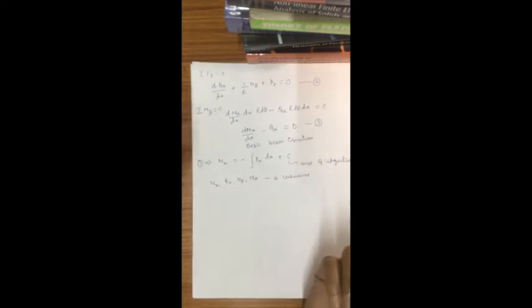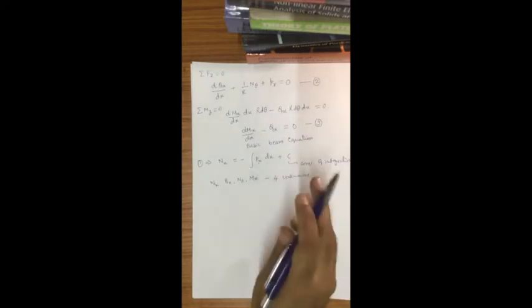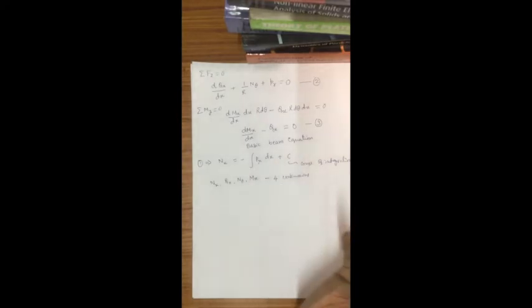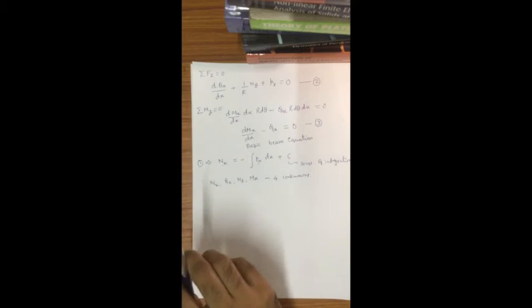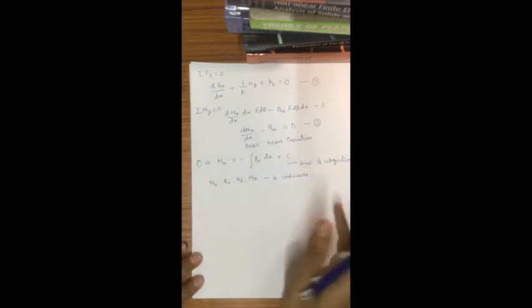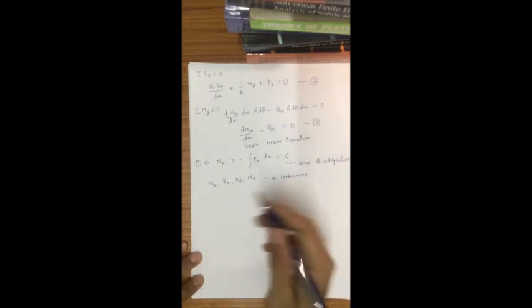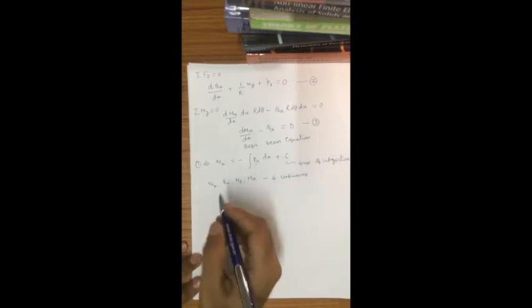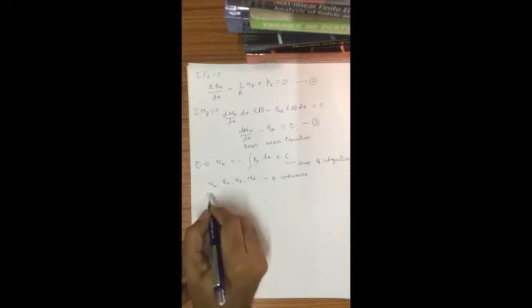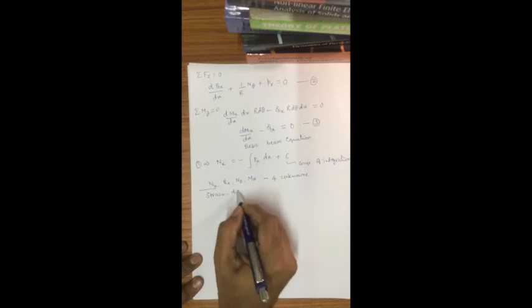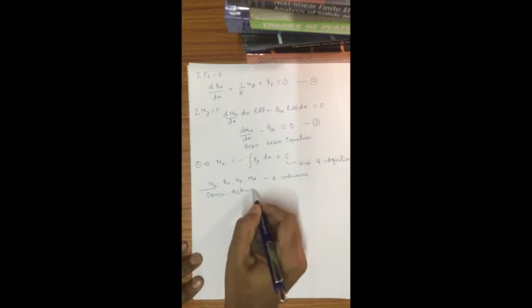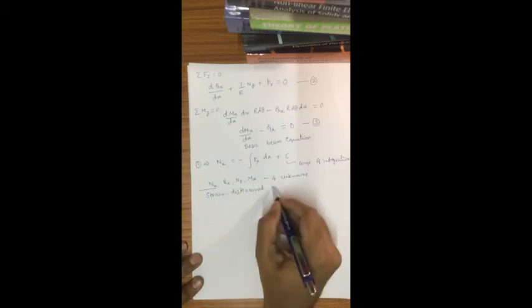So we have to solve this indeterminate set of equations by doing whatever we can, by considering compatibility, by considering strain displacement, or whichever way possible. So what we do is we consider the strain displacement relationship.